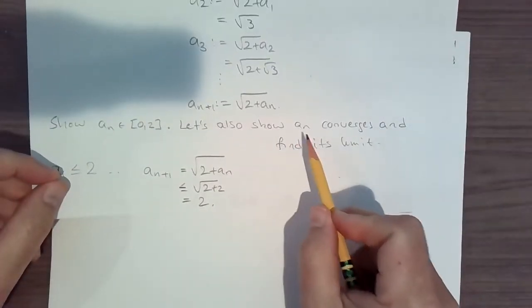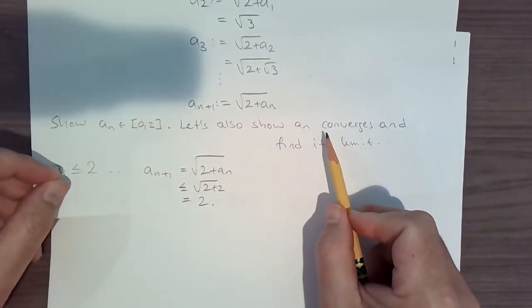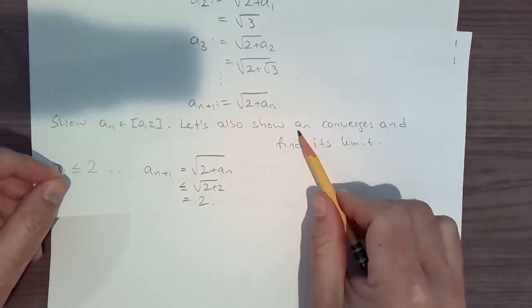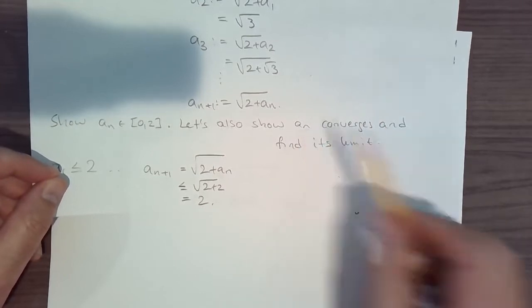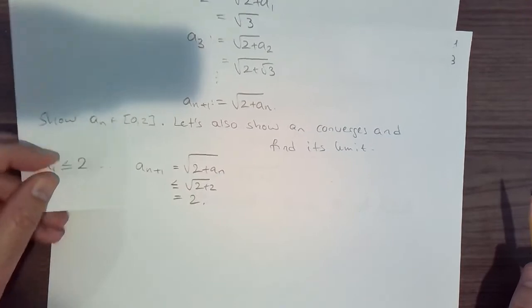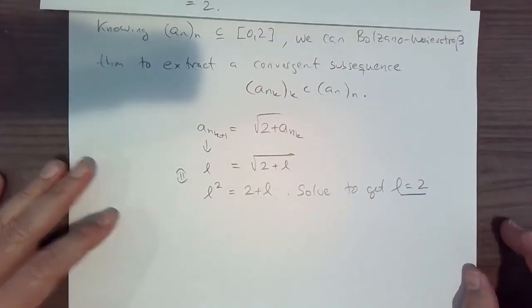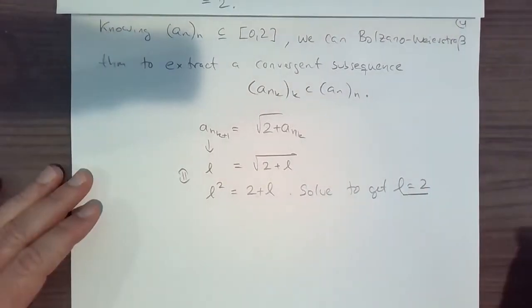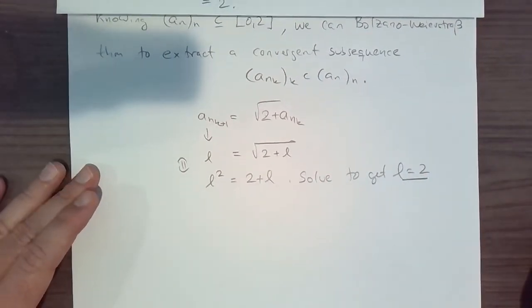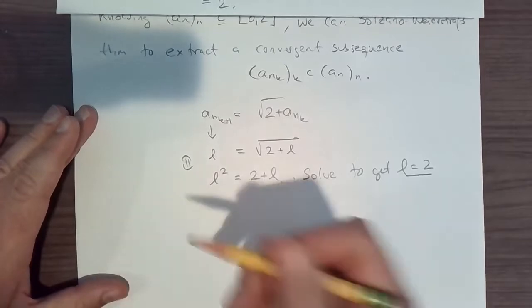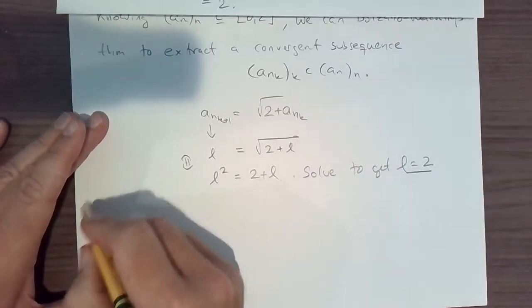So we are more greedy. We don't just want a subsequence. We want more. We actually want the sequence itself to converge. So how would one do that? One could say, how do we ensure that the sequence itself converges? Well, one sufficient condition is monotonicity.